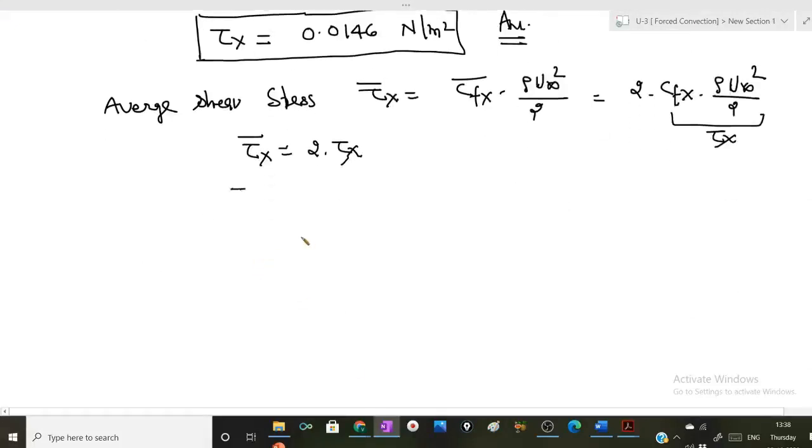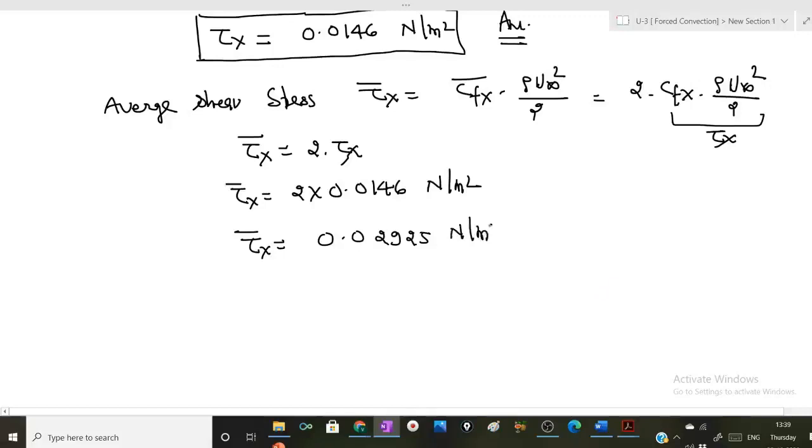So tau x bar is twice of 0.0146 Newton per meter square, and it comes out 0.2925 Newton per meter square.